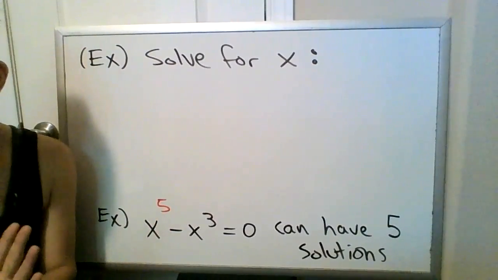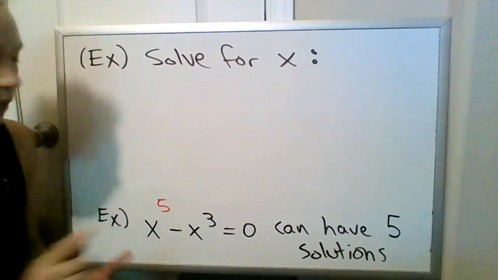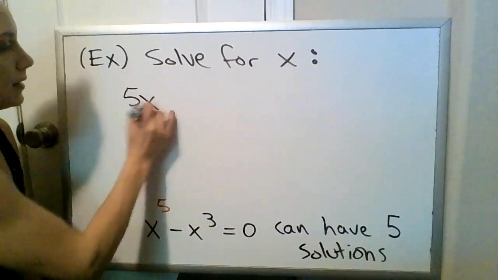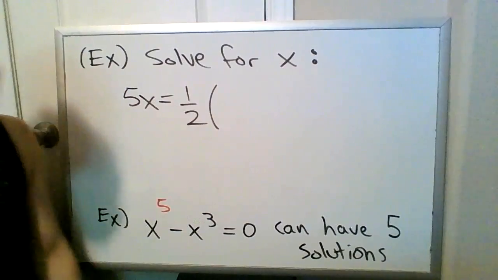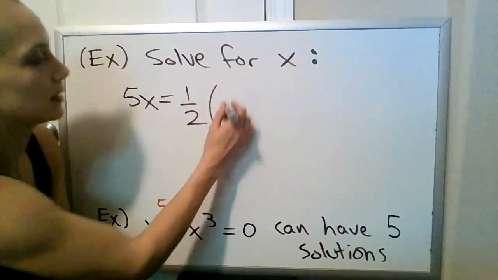Okay, we will solve 5x equal to 1/2 times 12x minus 14.